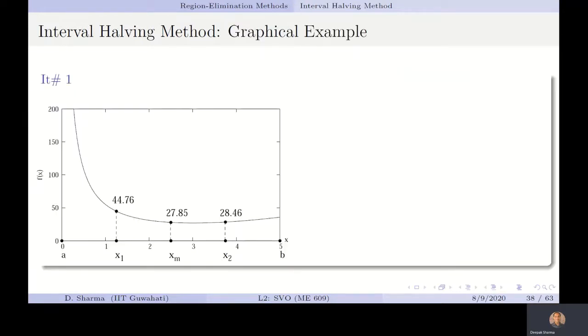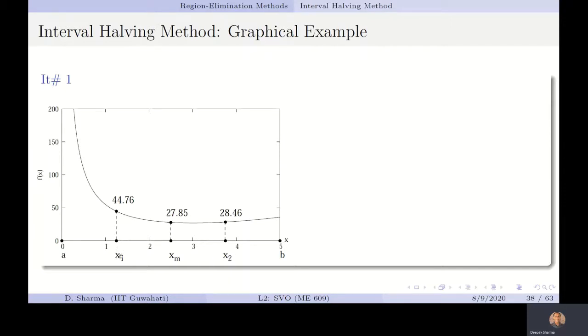Now I'm showing you the graphical example of the same problem we have solved in the hand calculation. So this is the same function which we have solved. You remember that a was 0, b was 5, and the middle point xm was 2.5. Then we created x1 by a plus L by 4 and x2 by b minus L by 4.